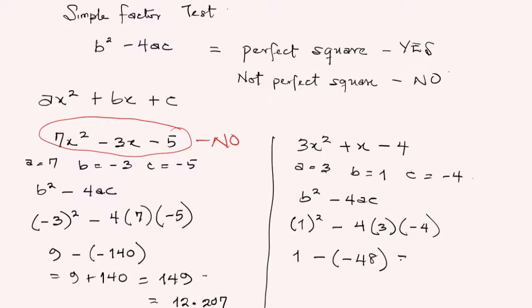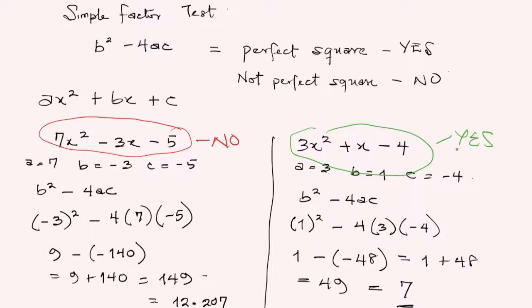So minus times minus is equal to plus, so 1 plus 48. And this is finally equal to 49. Now the square root of 49 is 7. So this is a perfect square. And in this case, this expression can actually be resolved into simple factors. So that's just a simple way of testing from the onset if the expression that we have can be split into simple factors or not.